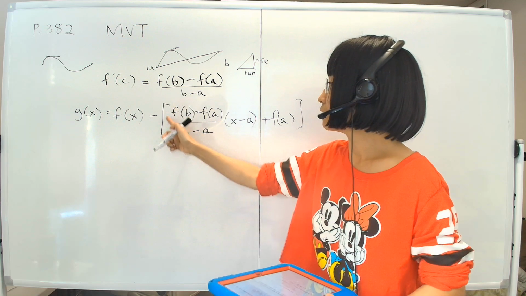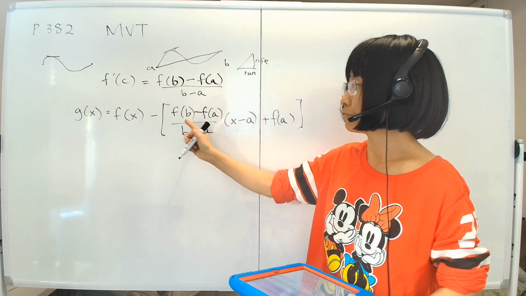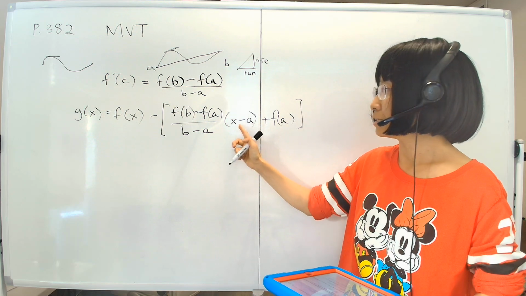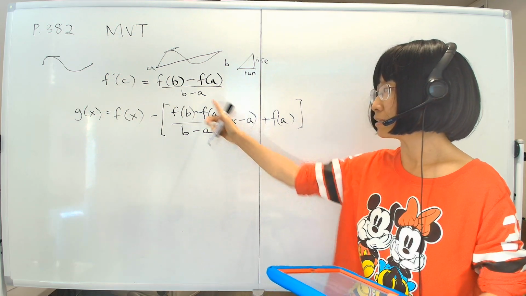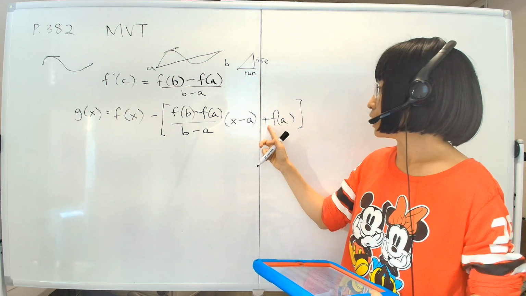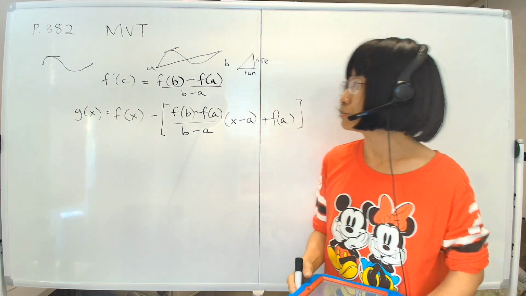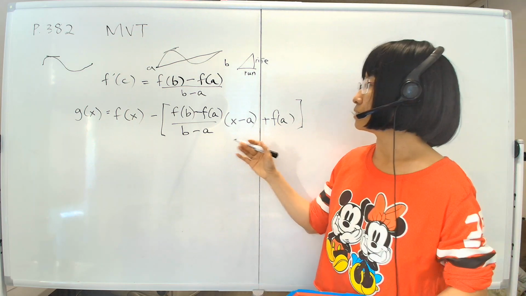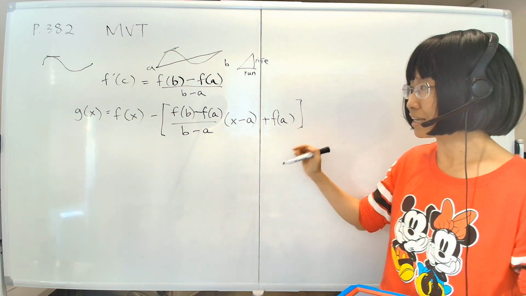So this is some fixed number from the values of f at b and at a, subtracted. Then we multiply this number by x minus a, and then add f of a. Why are we doing that? The reason is because we're trying to use Rolle's theorem. So we make up this particular thing.